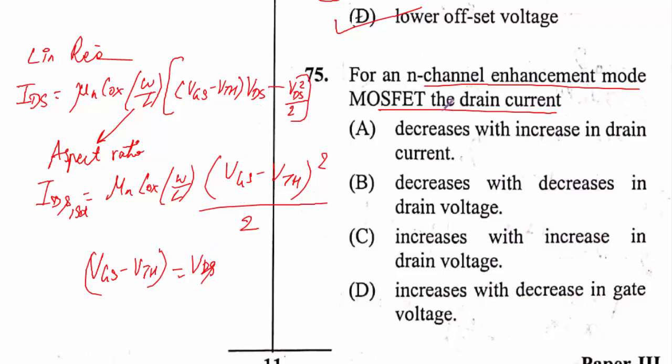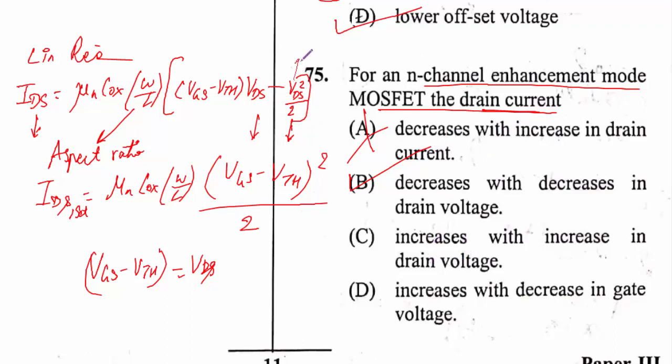The first statement they have given is the drain current decreases with increase in drain current. This is something like a funny question, no need to opt for option A. Option B, what they are telling is decreases with a decrease in drain voltage. If I am decreasing the drain voltage, this quantity drastically reduces, at that time the overall quantity will decrease. This one they have given is a true statement. Drain current increases with increase in drain voltage.